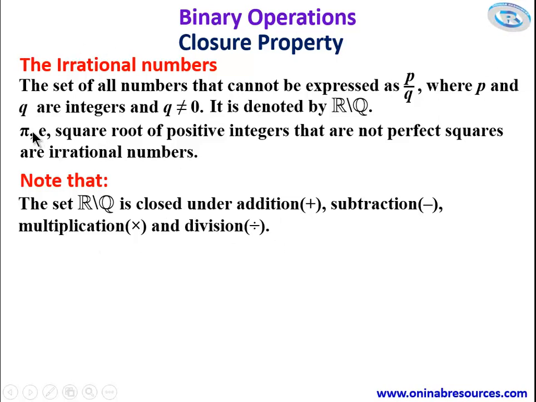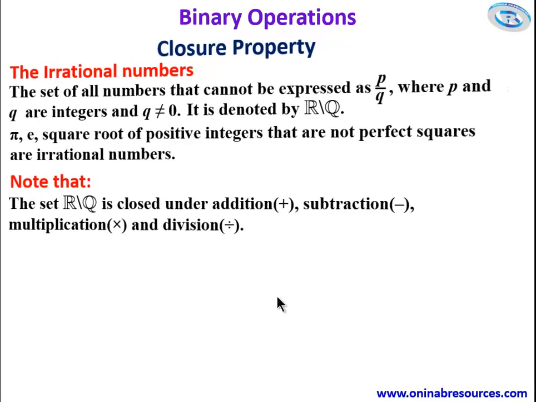Add any two irrational numbers, that is pi plus pi will give us 2 pi. So pi minus the Euler's number, for instance, will give us an irrational number. Then their multiplication will still be an irrational number, their division will still be an irrational number.